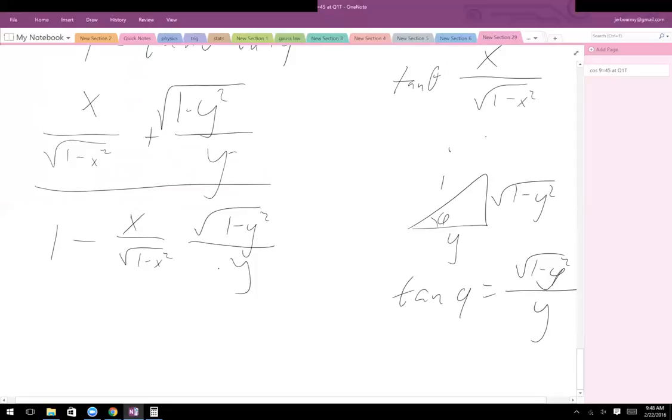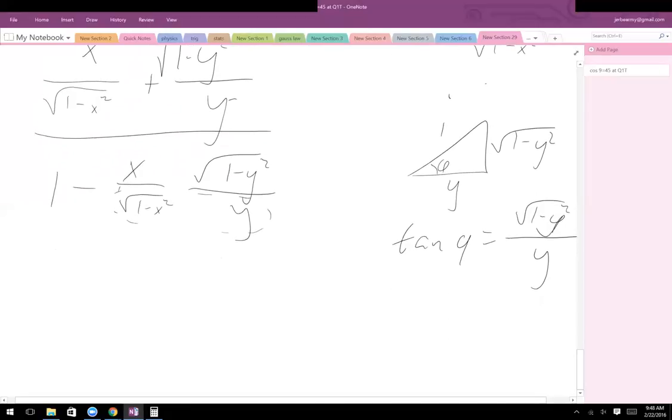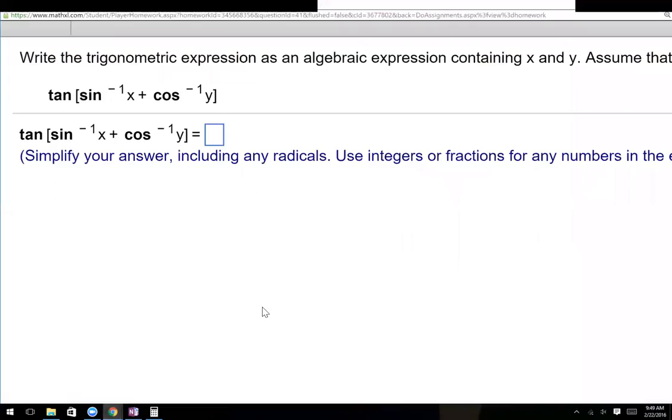All right, and then to get rid of all the little fractions, multiply by these two guys. So you'll have x times y, then both the square roots multiplied, and then y times the square root minus x times the square root. It doesn't say I have to rationalize the denominator.